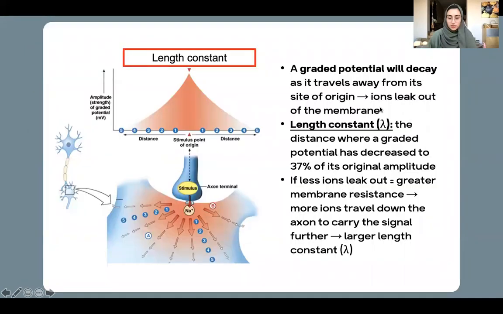So by principle, graded potential decays the further away it travels from its site of origin. We quantify that by the length constant. And what determines the length constant is how many ions are leaking out of the membrane. So the more resistant it is to leakage, the bigger the length constant, and the more able the nerve is to carry a signal across to the axon hillock and then have an action potential.